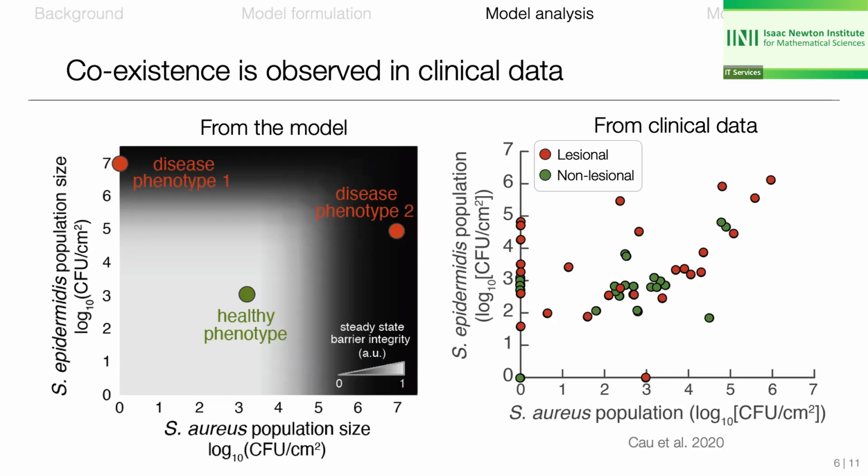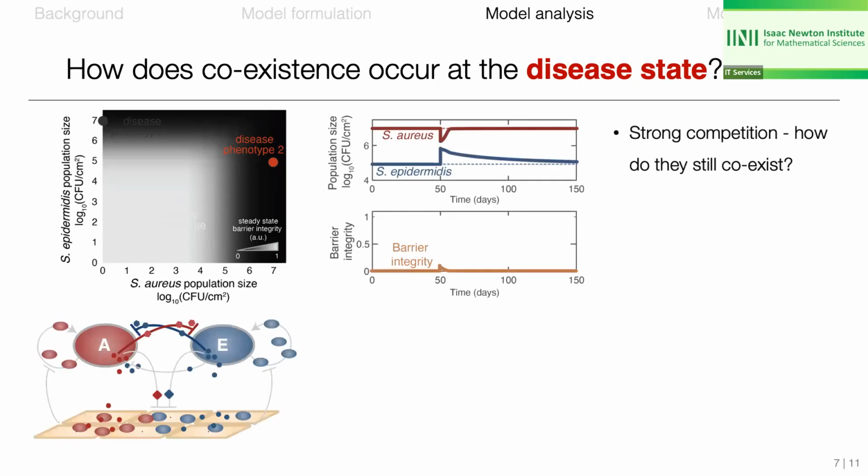So then we wanted to understand how this coexistence comes about in a diseased and healthy state. In the disease state, there's strong competition between these 2 bacteria, and we wanted to look at the mechanisms for how they coexist. To do this, I created lots of different virtual patients.